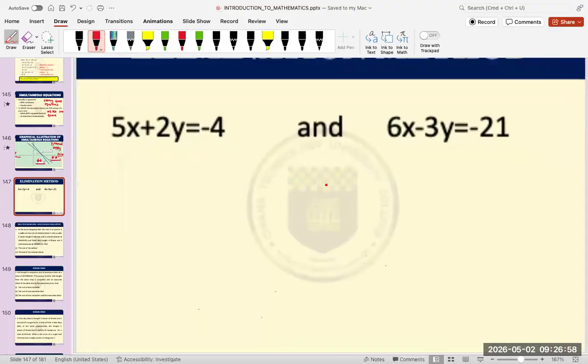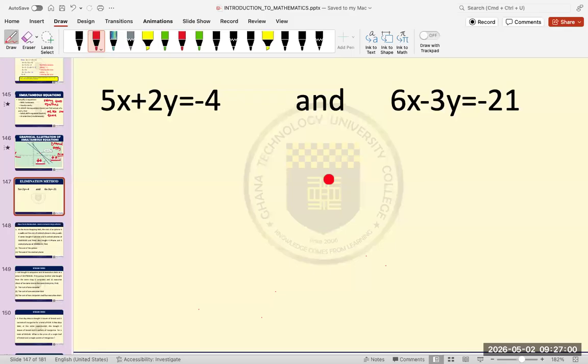This is an example. We want to solve these two equations. These two equations both have x component and y component. So the thing we are doing is that what will be the value of x and what will be the value of y in such a way that when you fix x here and you fix y here, the answer should give you -4.